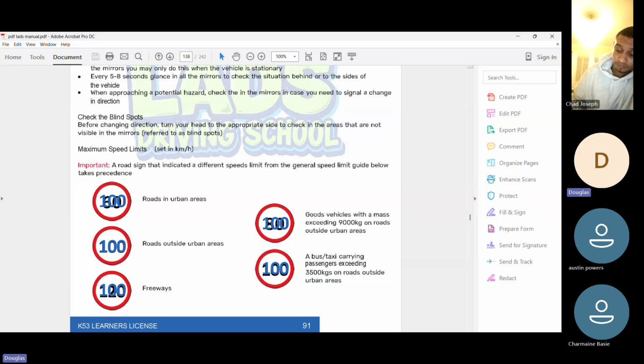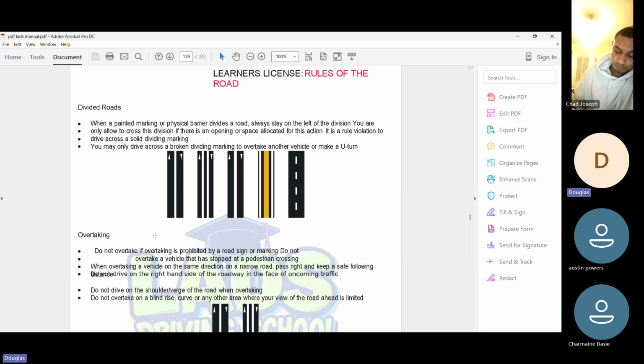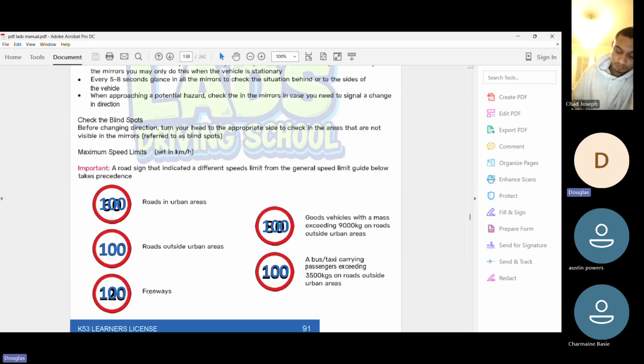But if you're driving an abnormal load, your limit is 60, 80 or 40, depending on what category it was labeled in. On the freeway, the speed limit is between 100 and 120, depending on the area.